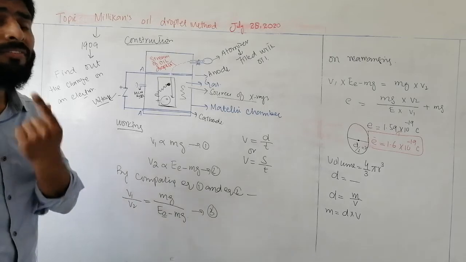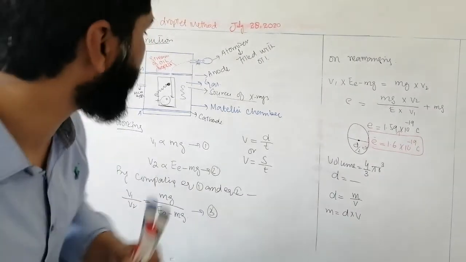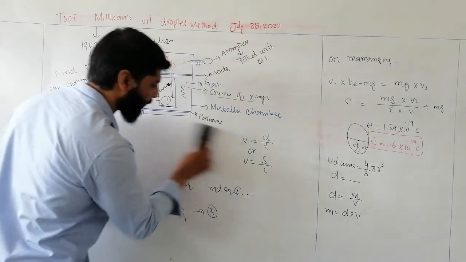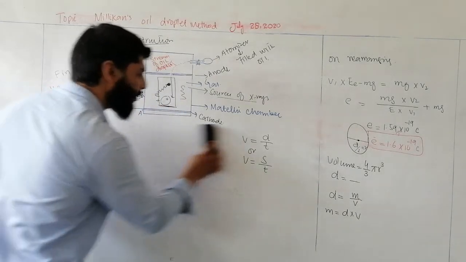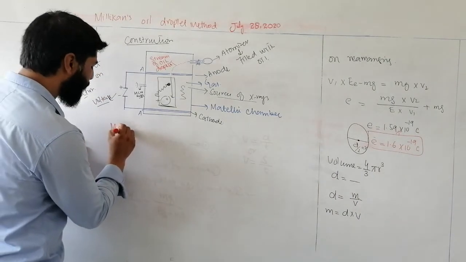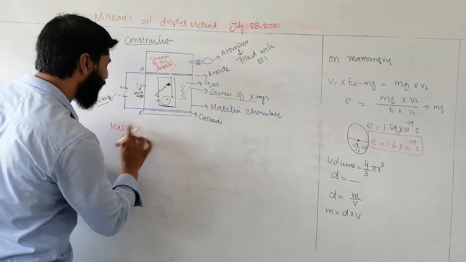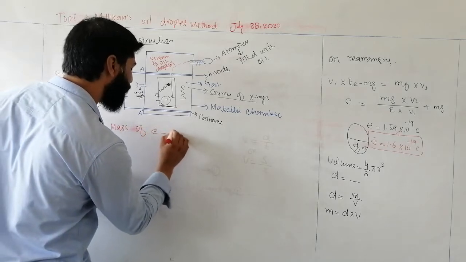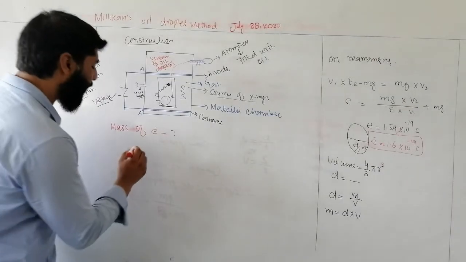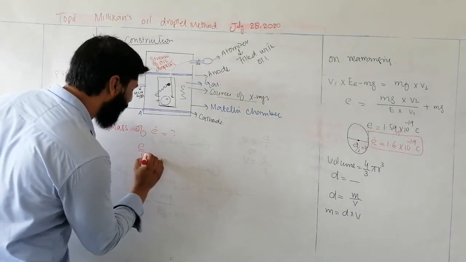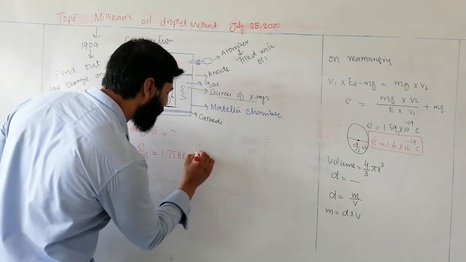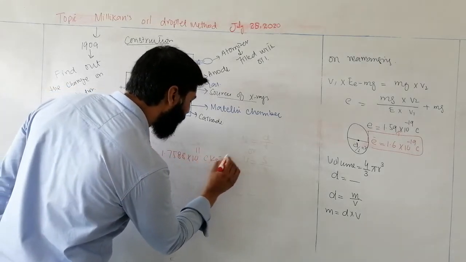Now how can we find the mass of an electron? We have another point, the mass of an electron. Students, we can find the mass of an electron by using the parameter e by m is equal to 1.7588 into 10 raised to the power 11 coulombs per kilogram.